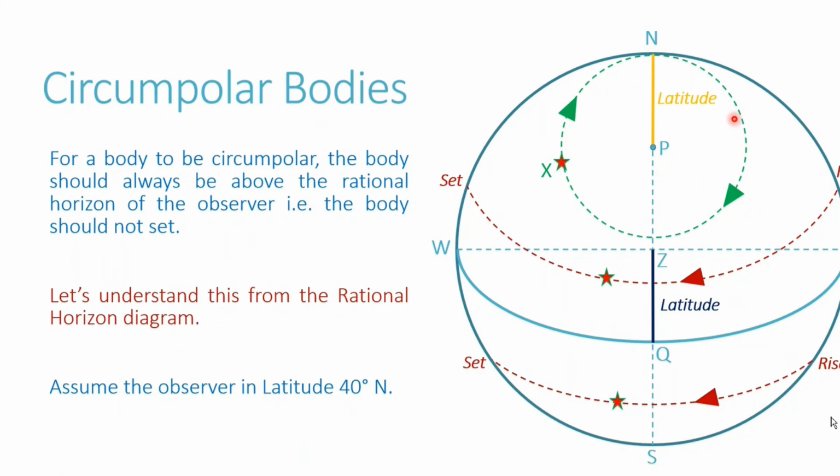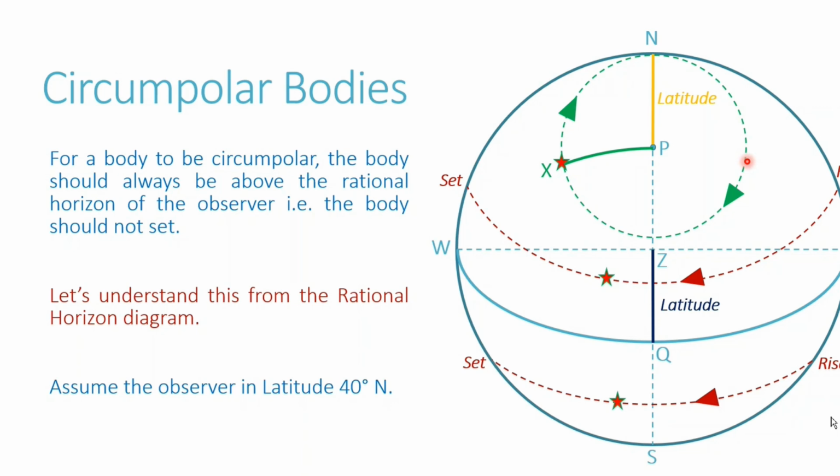So these bodies which remain above the horizon of the observer for a full 24 hours and never set are circumpolar bodies. So one thing we have seen from this diagram is that it is certainly not possible to have a body circumpolar with lat and dec of opposite names.